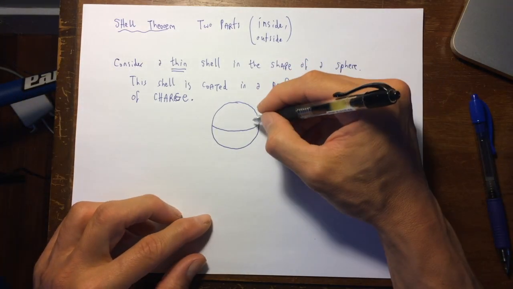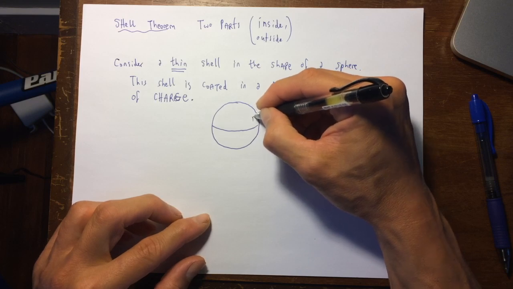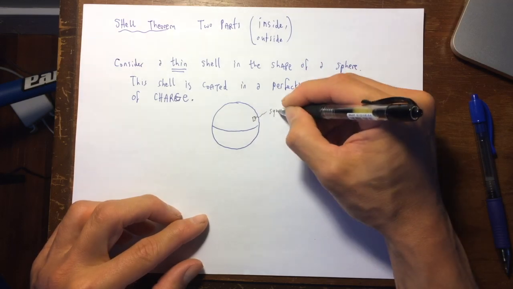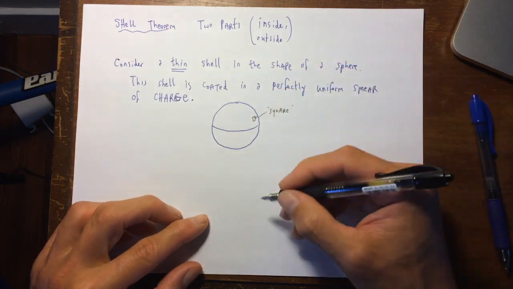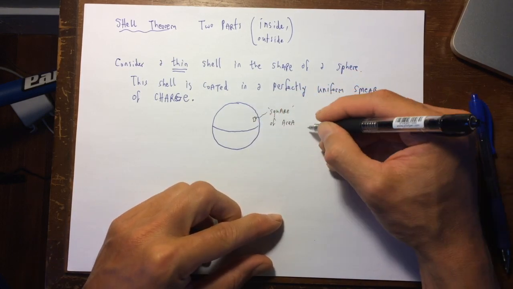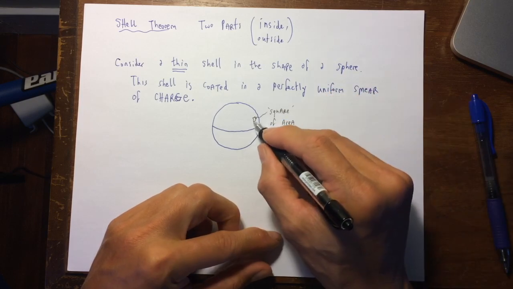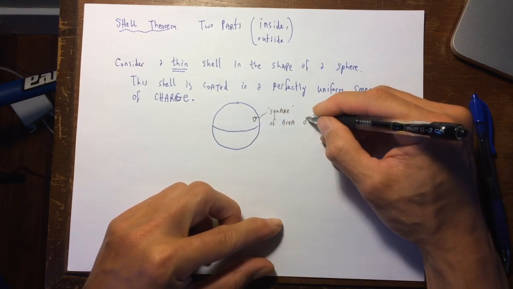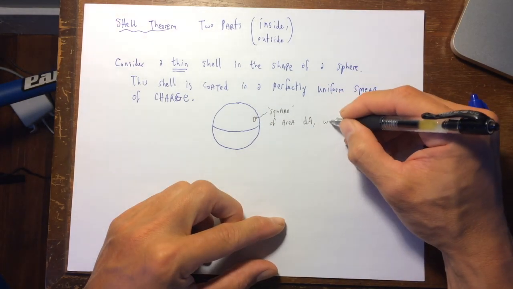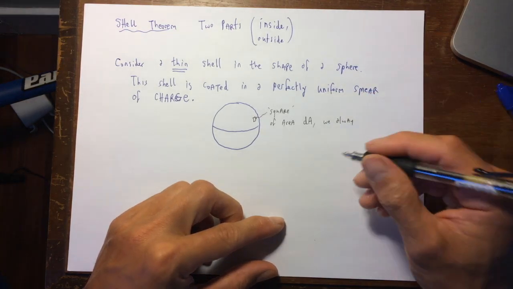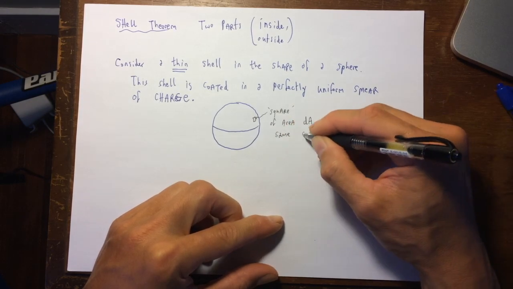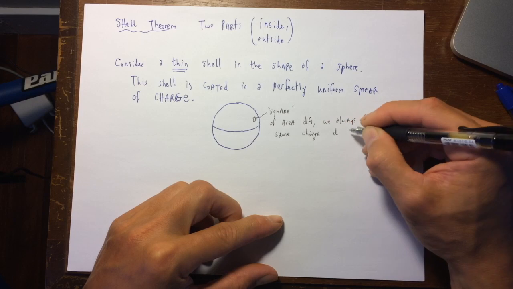And if I go and pick out any small sort of square on the shell of area, say, so this, I'm going to introduce the calculus idea of area dA, so it's always the same area. We always find the same charge dq.